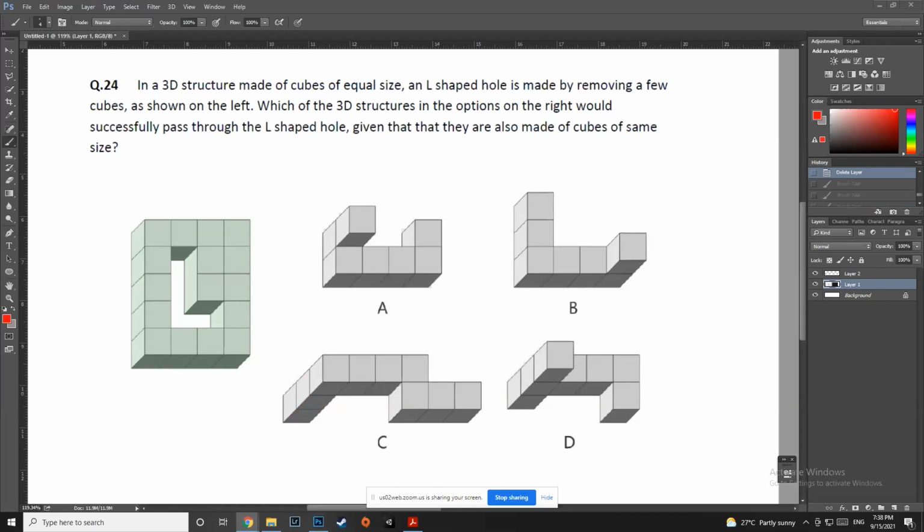Why do you think D will pass? Sabrina is also saying it can pass. Why? Meenakshi is also saying it can pass. Why? See, these three can be these three, right?